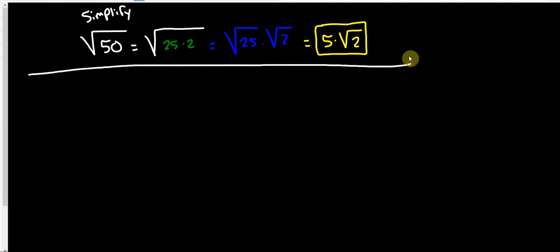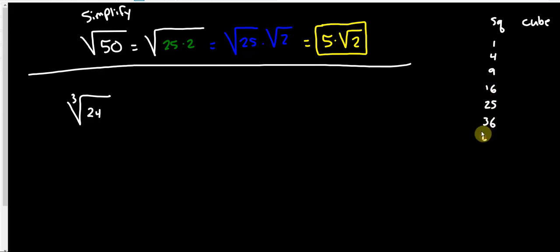So let's do another example. We'll do one with a third root. The third root of 24. So this is where it's good to know your squares and your cubes. Like I said, you really should have a piece of paper of perfect squares and cubes. 1, 4, 9, 16, 25, 36, 49, 64, 81, 100.